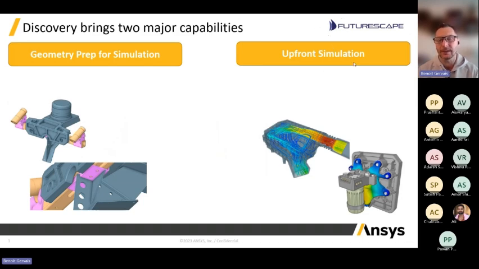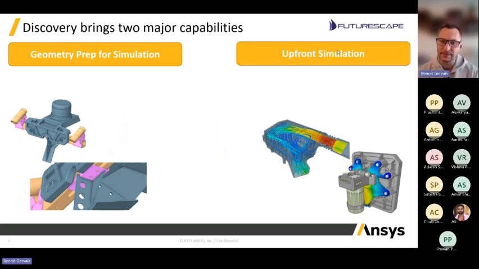What we have here in Discovery is a geometry prep tool. Basically, it's a CAD modeling tool. The advantage of Discovery modeling versus other types of modeling is that the modeling inside Discovery is extremely flexible. It doesn't have a history tree. It's a direct modeling system, so you're able to make very radical changes to try different scenarios right inside the tool, and you don't necessarily need to commit to that geometry.